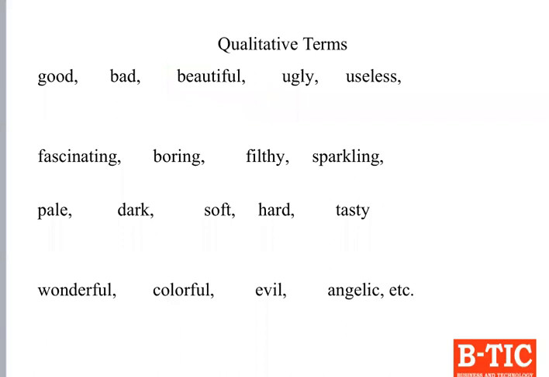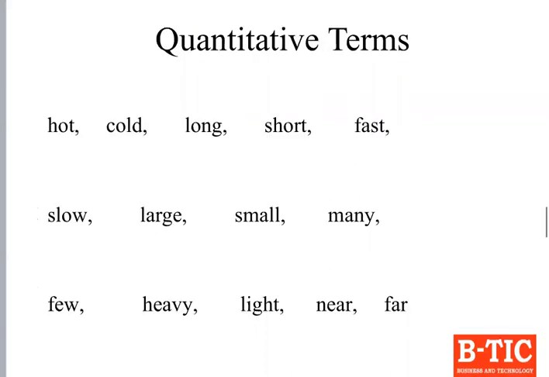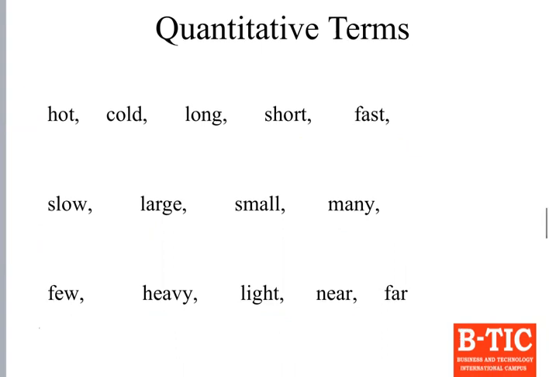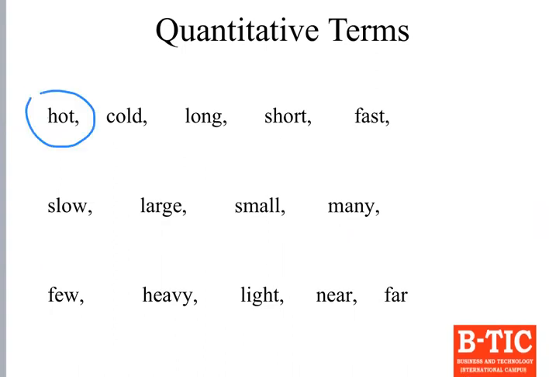And when I talk about the quantitative factors: hot, cold, long, short, fast, slow, large, small, many, few, heavy, light, near, far. These are all quantity in nature. When I say hot, we can use Fahrenheit or degrees Celsius. When I say cold, same measurement.